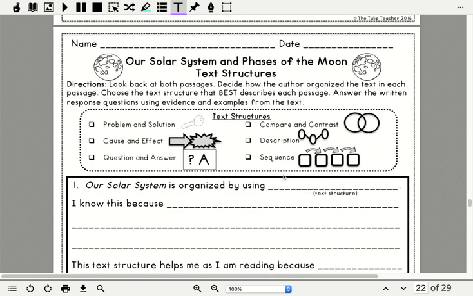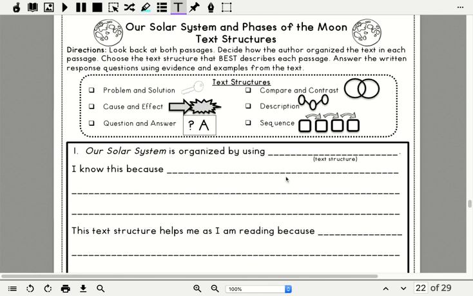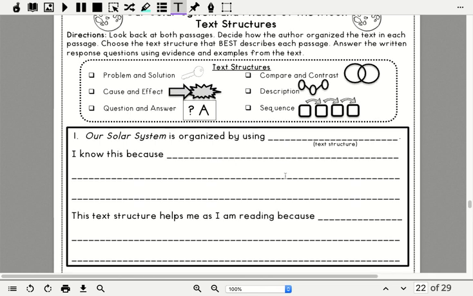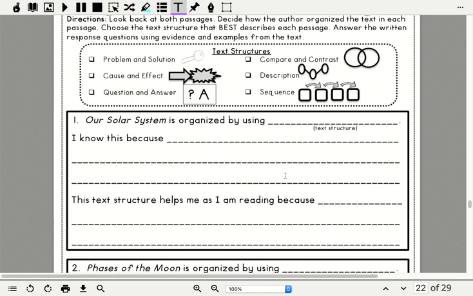So now we're coming down to the text structure. Okay, I know this one's hard because text structure is hard, but Ms. Harper has taught it to you over and over. So, and I have taught it to you, so we can figure this out. So our solar system is organized by using blank. So let's try to figure this out. Is it a problem and solution? This one doesn't really talk about problems or solutions or causes and effects.